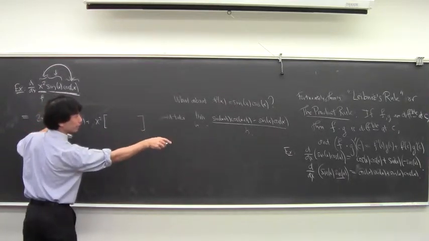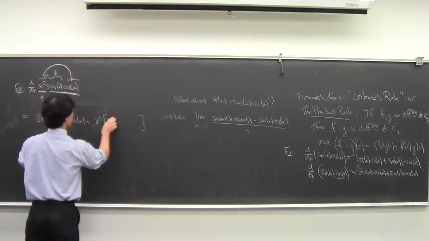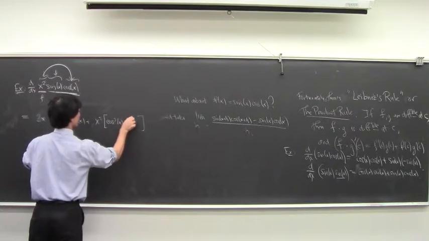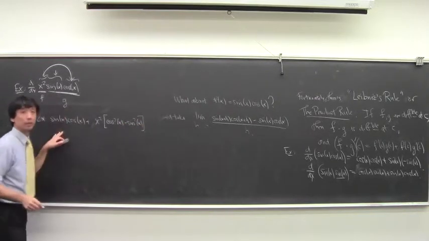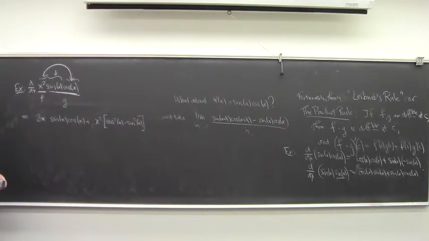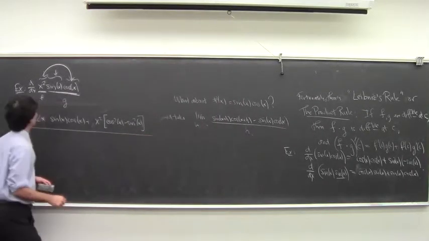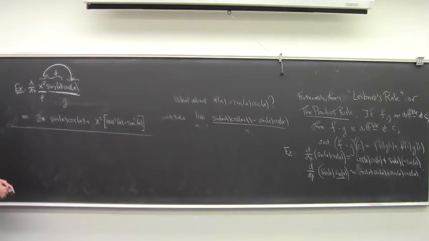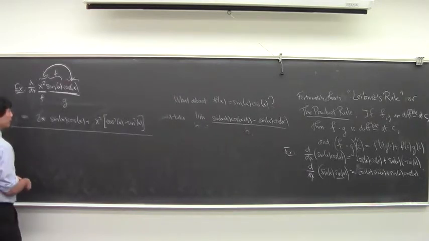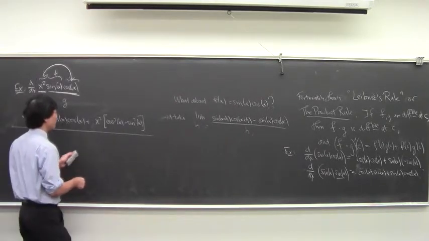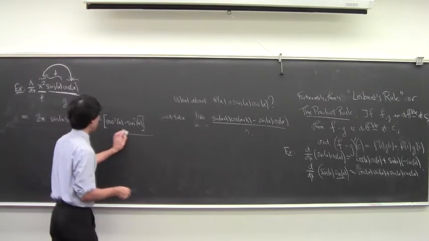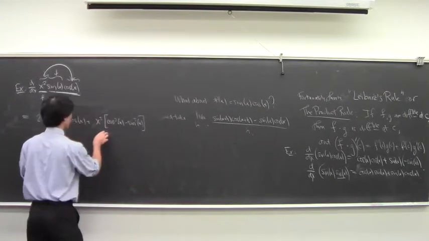Well, we already worked that out, right? That's cosine squared x minus sine squared x. If we hadn't worked it out, it still would have been fine. We just would have had to work it out at this point.